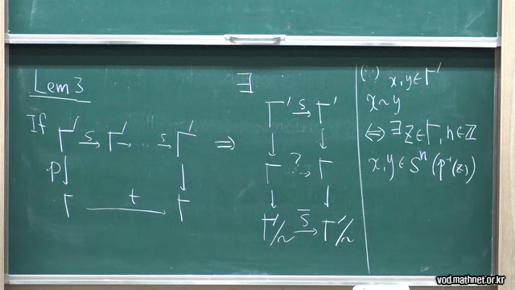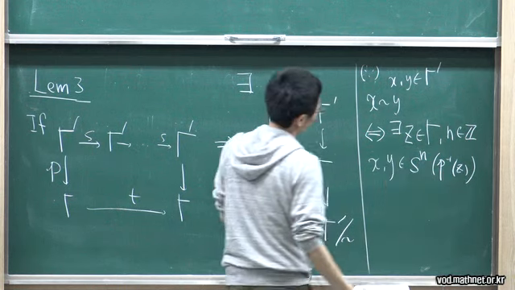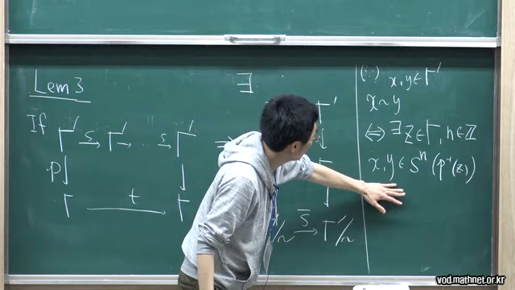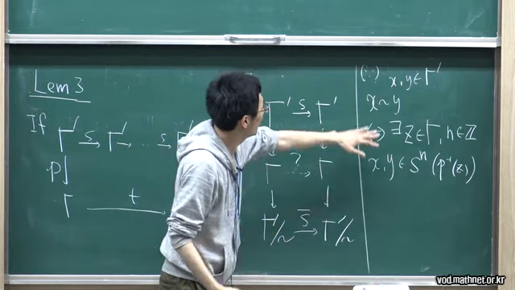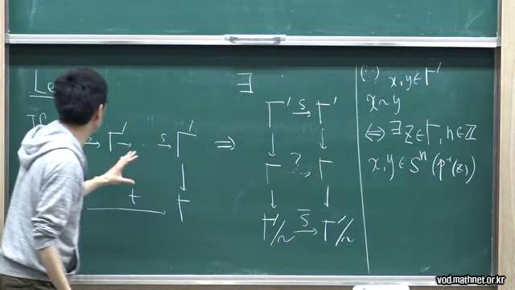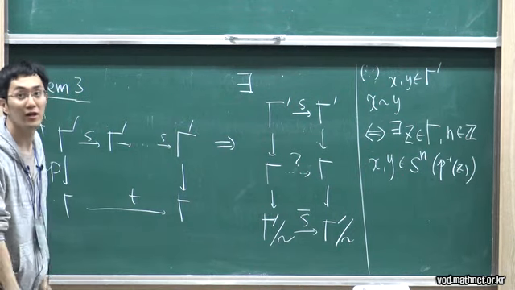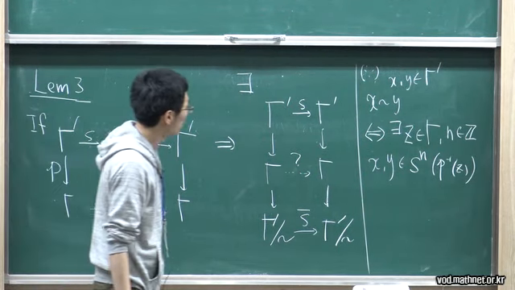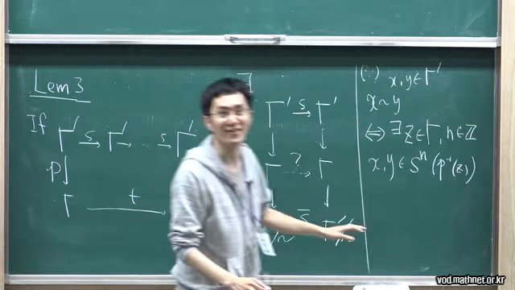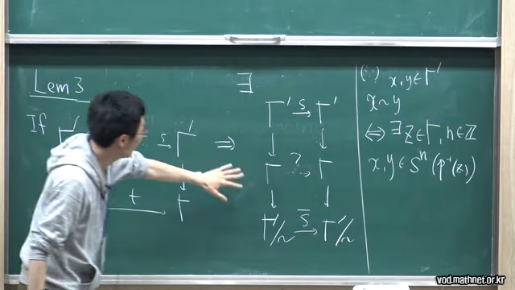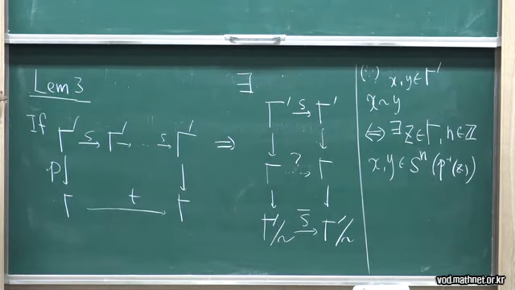So we cannot get rid of the possibility that this point will be identified with this point, or things like that. But this doesn't work in this form, but we can somehow modify this idea to the case of graphs, and we can get this equivalence relation on gamma prime.